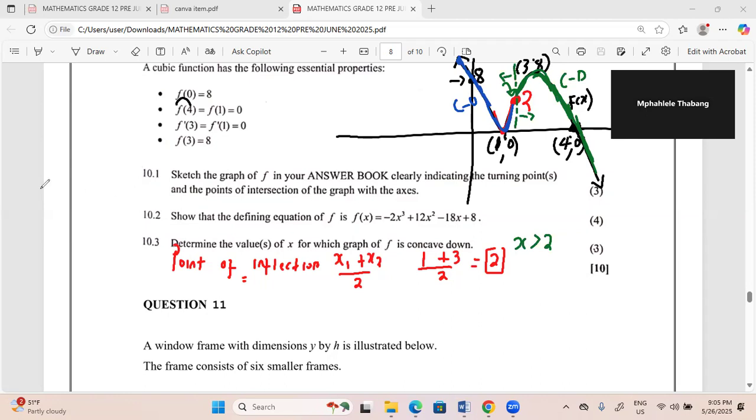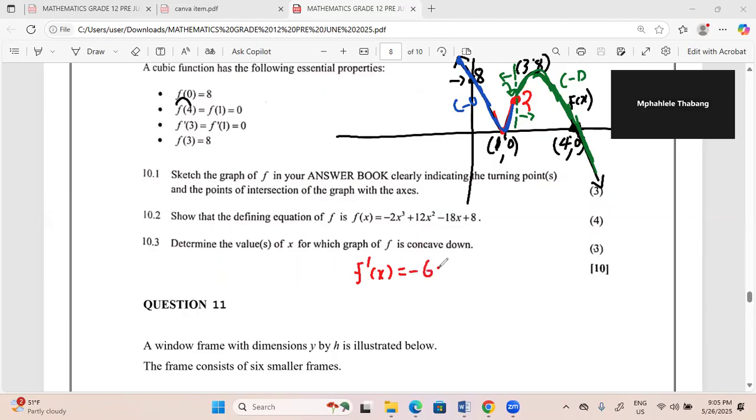Another way of finding the point of inflection is to derive your function f of x twice. You can say f prime x, this is your first derivative, minus 6x squared plus 14x minus 18.